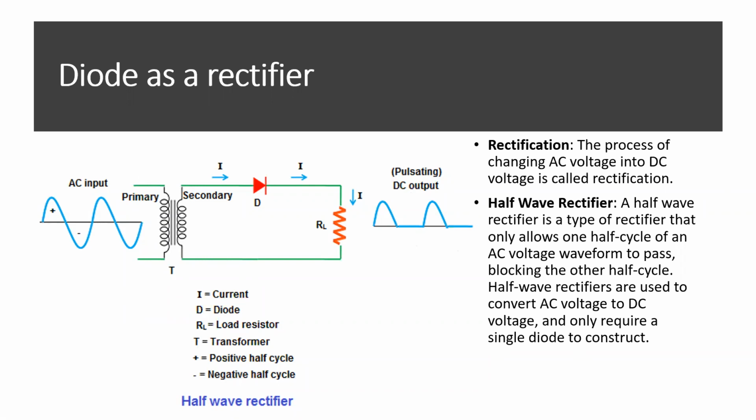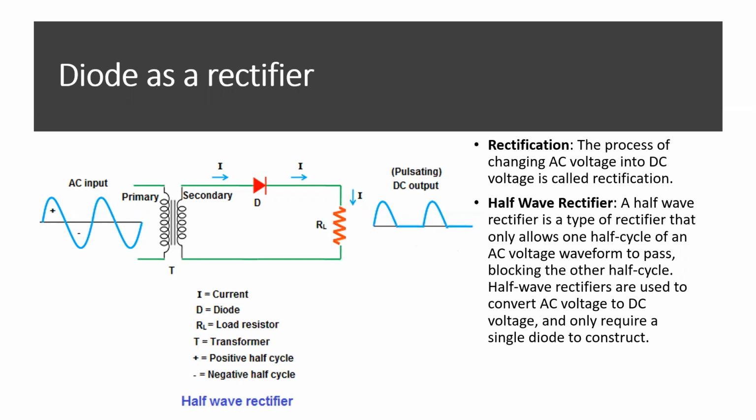It changes its direction many times in 1 second. And DC means it will not change its direction. So this is an example of DC. There is only a positive half cycle, but there is nothing in the negative half cycle, which means it's not going in the other direction. So it is an example of DC.